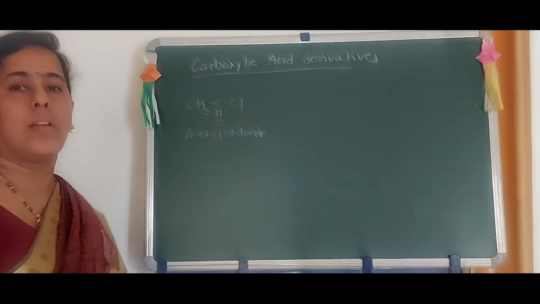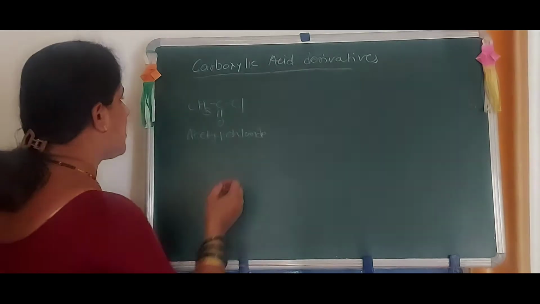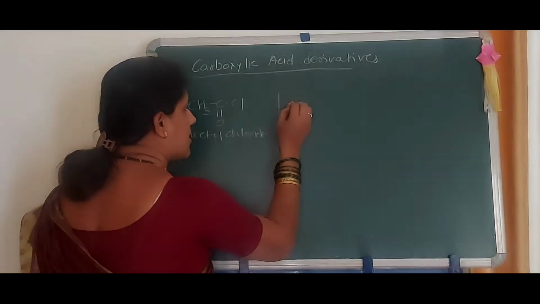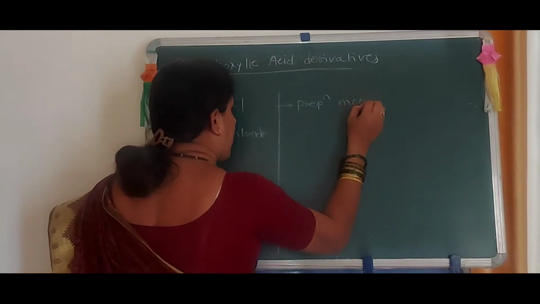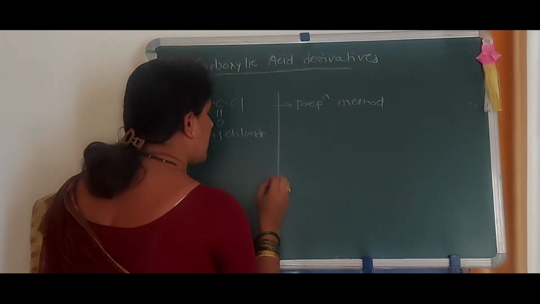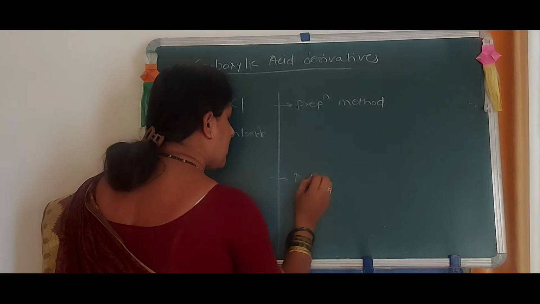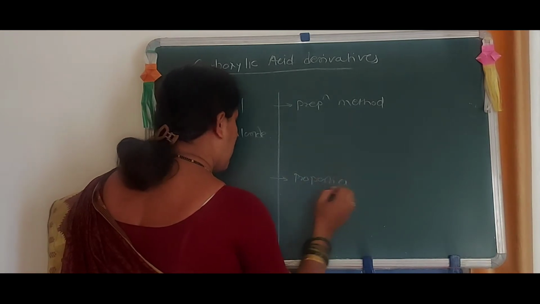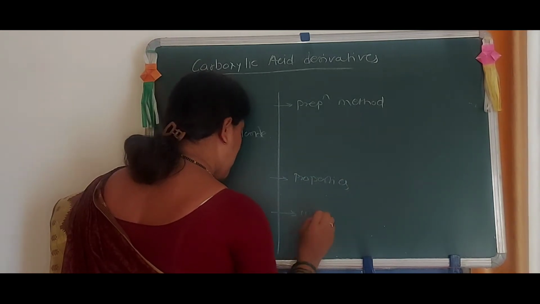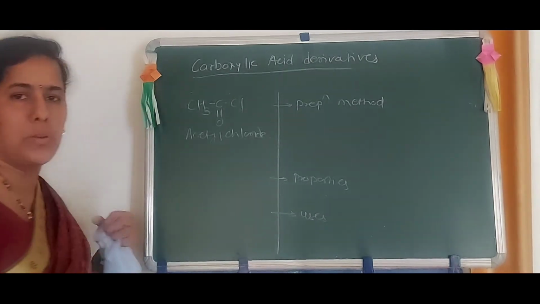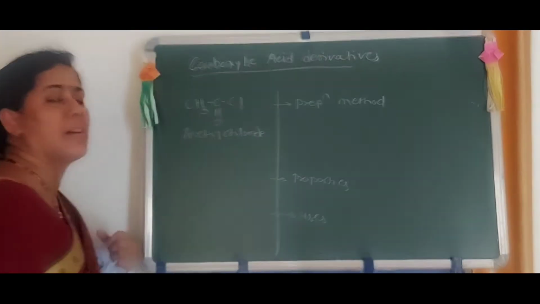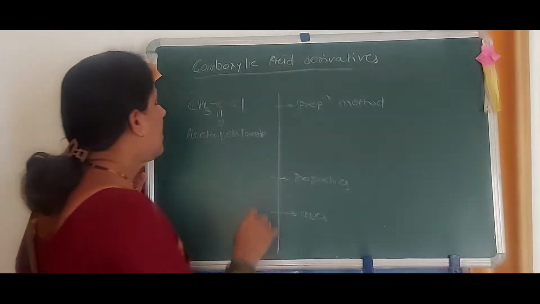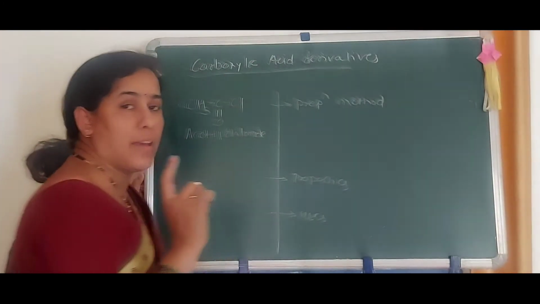In acetyl chloride we are going to discuss first the preparation method, second its properties, and third its uses. As far as its preparation is considered, there are two methods for the formation of acetyl chloride.